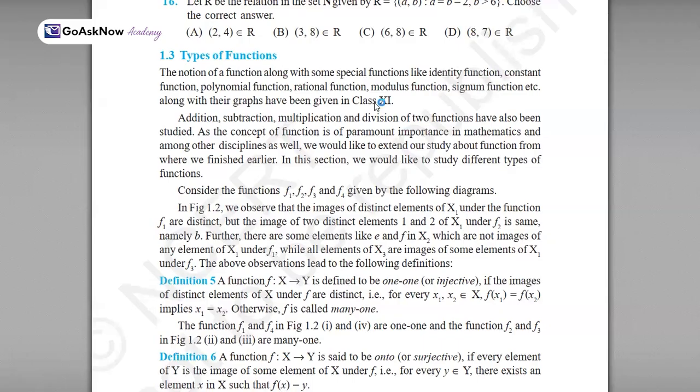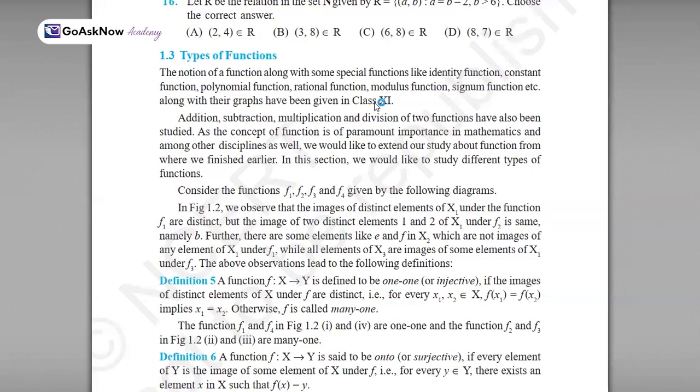In 11th class, I hope that you have learned about functions, what functions actually are, and some special functions like identity function, constant function, polynomial function, rational function, modulus function, signum function. I hope that you learned those functions well, and you are also aware of their graphs.